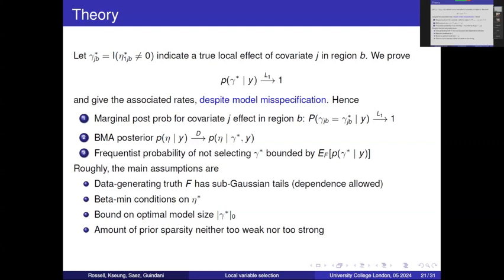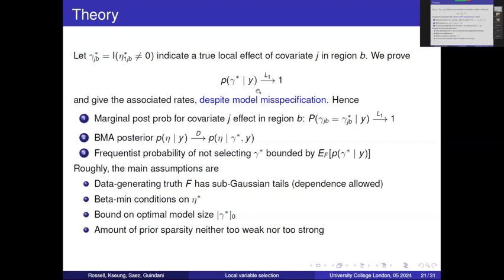So the theory is, eta 1 star is an asymptotic parameter value that is guaranteed to contain zeros when there are no covariate effects. This gamma is an indicator, and this one is 0.